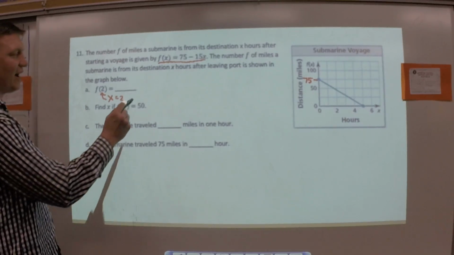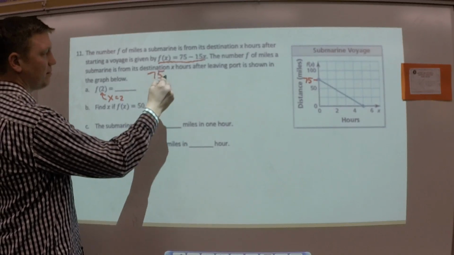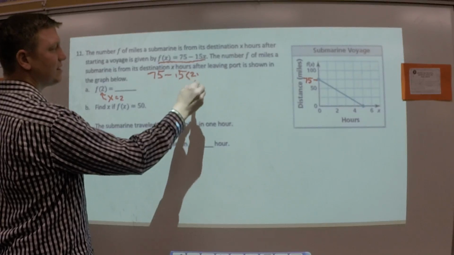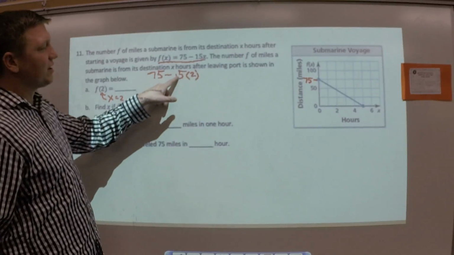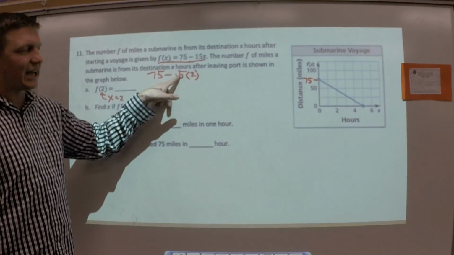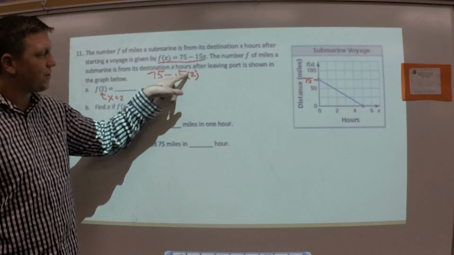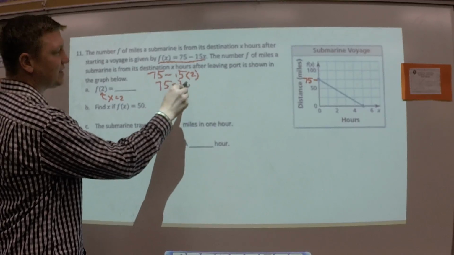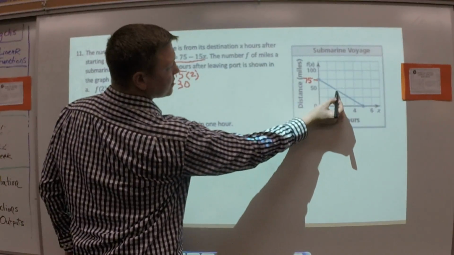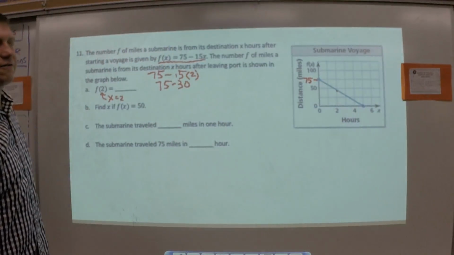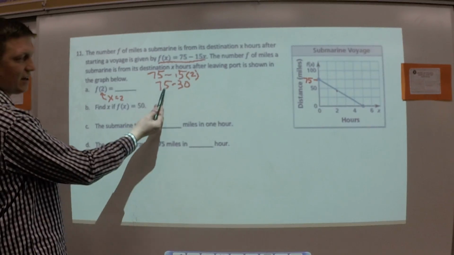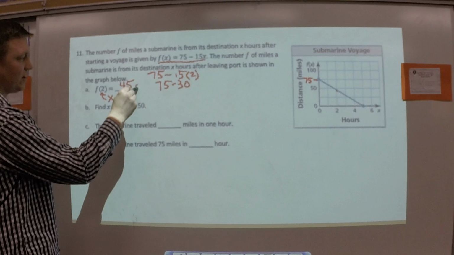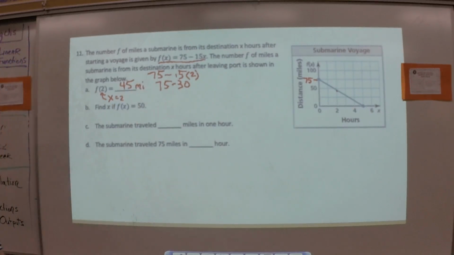Well, it's going to be 75 minus 15 times 2, because here's my equation, and it's really 15 for the first hour and 15 again for the second hour, which is a total of 30. So this is actually 75 minus 30. And you can tell right there that it's after 2 hours that it's about right there. Not 50, it's a little less than 50. It's actually 75 minus 30 is 45 miles, right? So you could even write that there if you wanted to, miles.